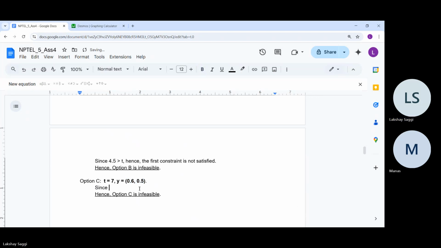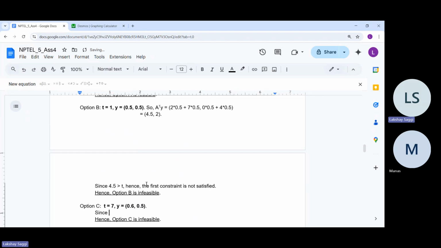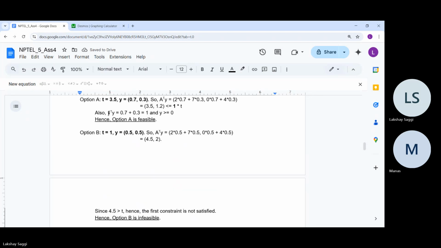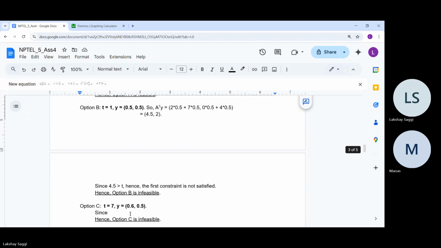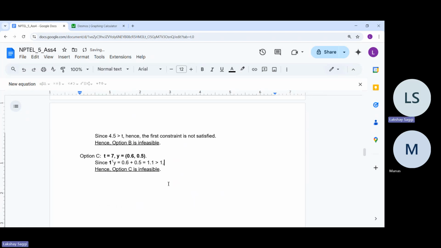So maybe I'll just copy this. Since 1 transpose y here is nothing but 0.6 plus 0.5, which is 1.1, which is greater than 1. Hence option C is infeasible.